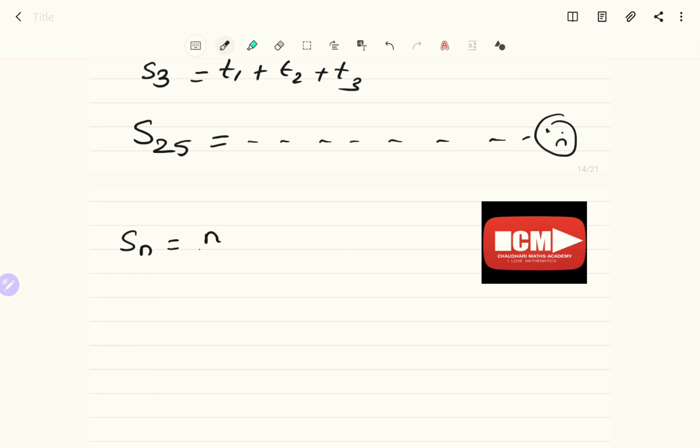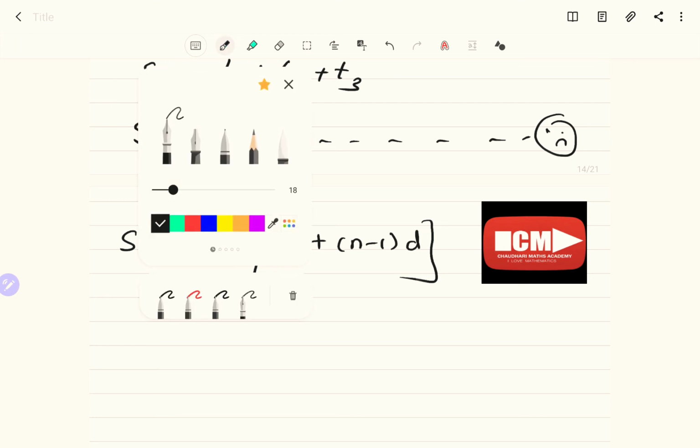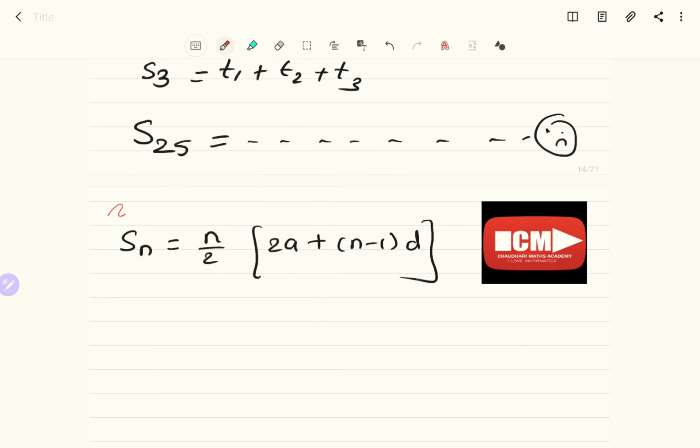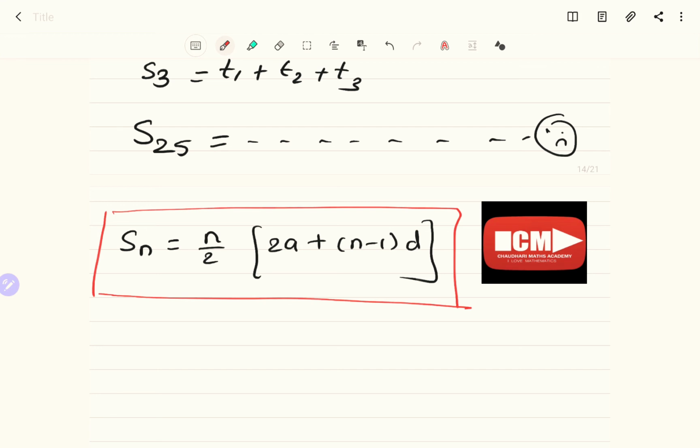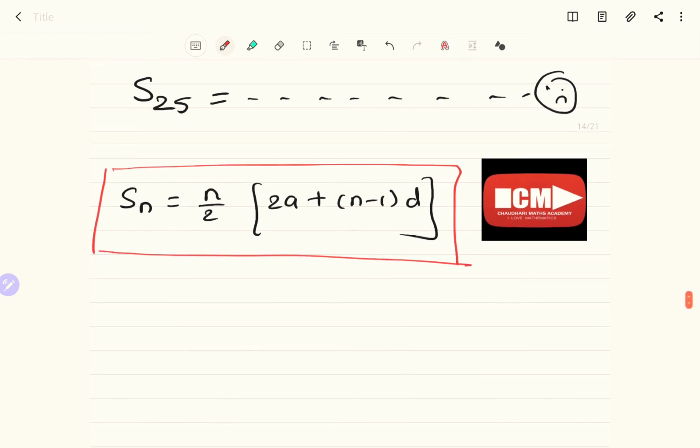Formula for Sn is n upon 2, 2a plus n minus 1 into d. So this is the formula to find the sum of whatever n terms are given. Right? So this is the formula that you have to remember to obtain the sum of n terms of arithmetic progression. So please remember this formula, very important one, and the terminologies remain the same.